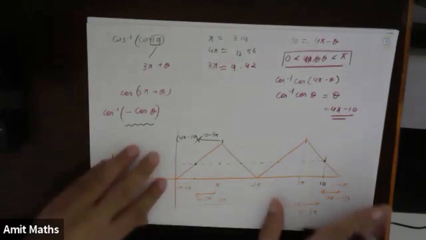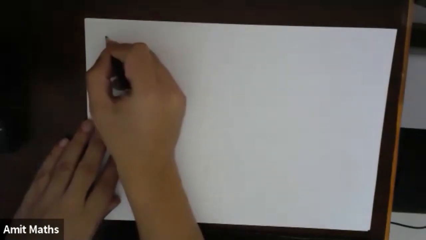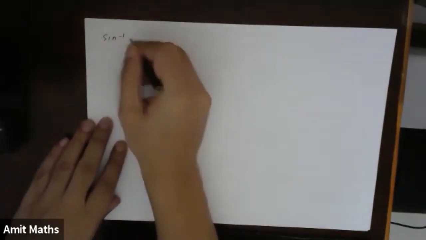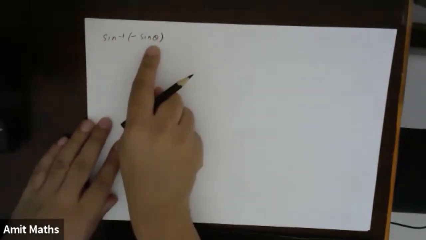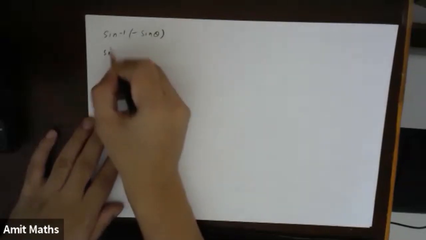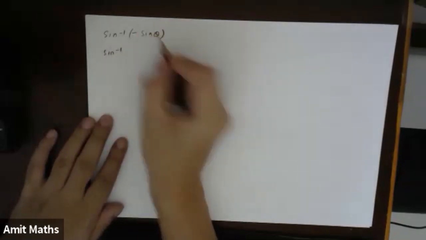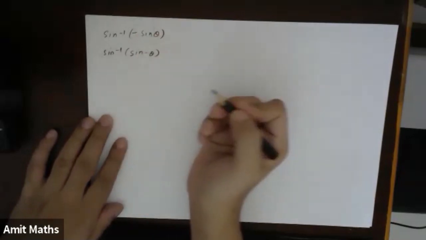See, when we were having sine inverse of minus sine theta, we had something like this also. What I can do is take the minus inside, so this will become sine inverse of sine of minus theta, right?